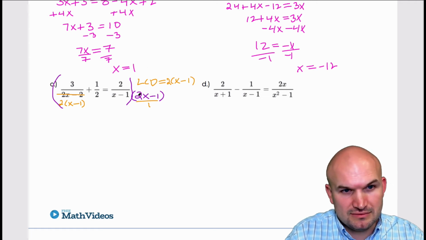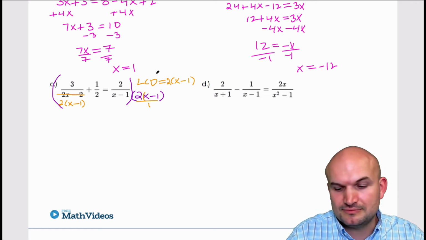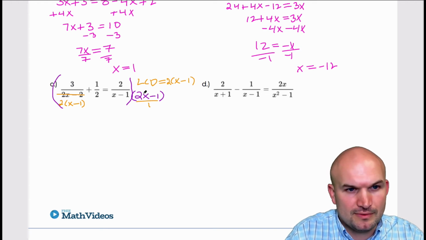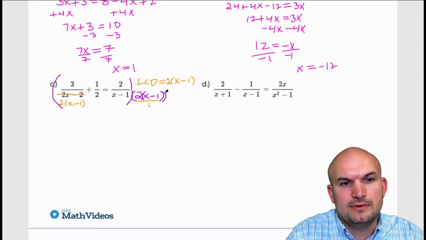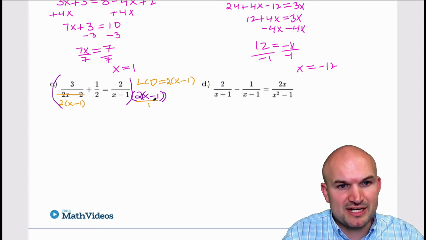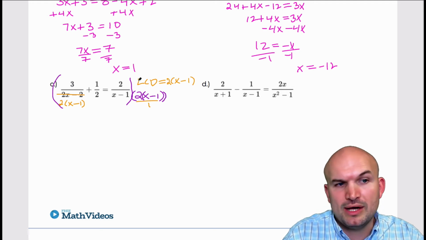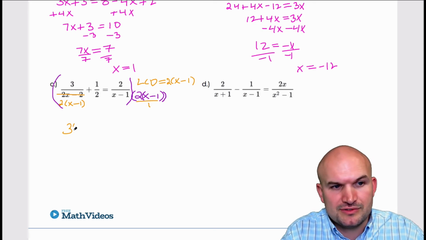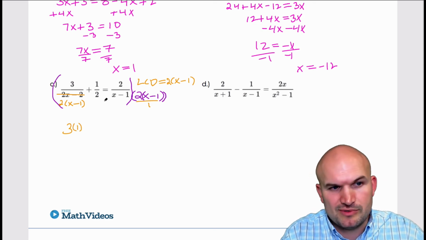That's an extra parentheses. Let me just rewrite that in purple. There you go. So when I multiply 2 times x minus 1 over 1 times this expression, the 2 times x minus 1's divide to 1, so I'm just left with a 3. Really 3 times 1, but we can just write 3.